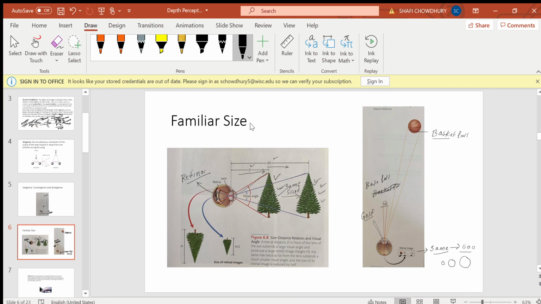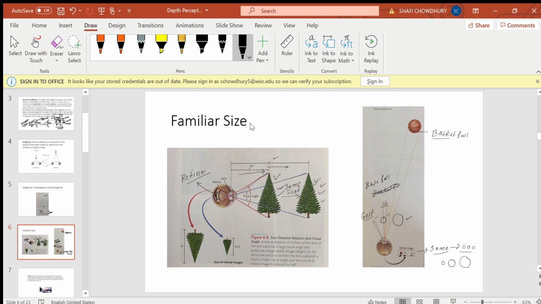If they are at the same distance, then this one on the retina will be bigger than this one, and this one bigger than this one. So since they are the same, that means they are at three different distances.